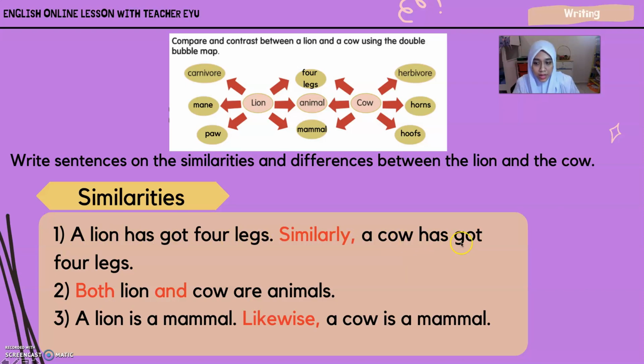Similarly, a cow has got 4 legs. Sentence number 2, both lion and cows are animals. Sentence number 3, a lion is a mammal. Likewise, a cow is a mammal.